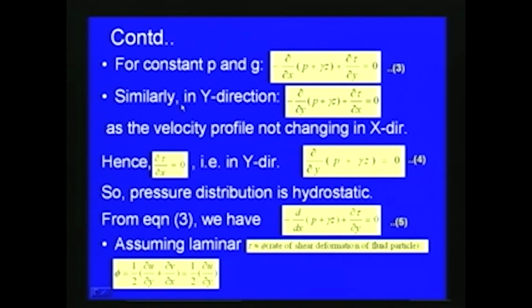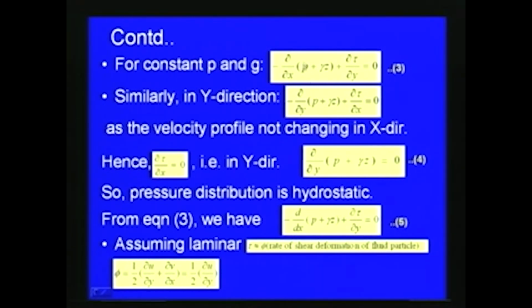Here the velocity profile is not changing in the x direction, as we have seen, hence del tau by del x is equal to 0. That means in the y direction this equation becomes del by del y of (p plus gamma z) is equal to 0. So, from this equation number 4 we get that the pressure distribution is hydrostatic.